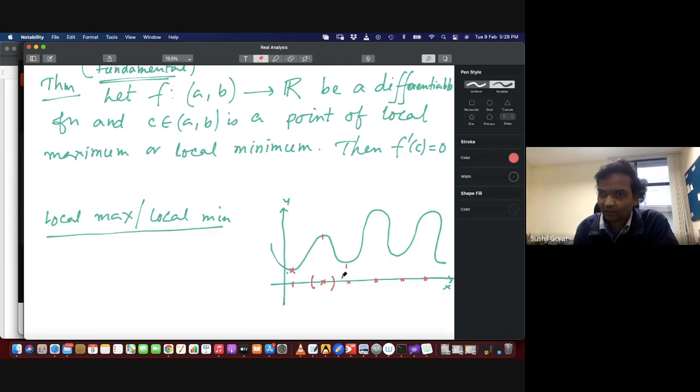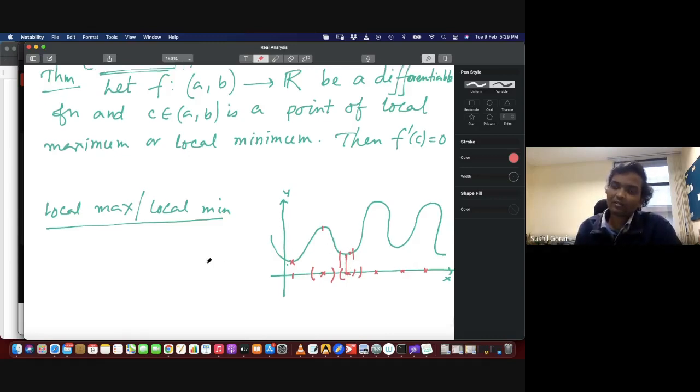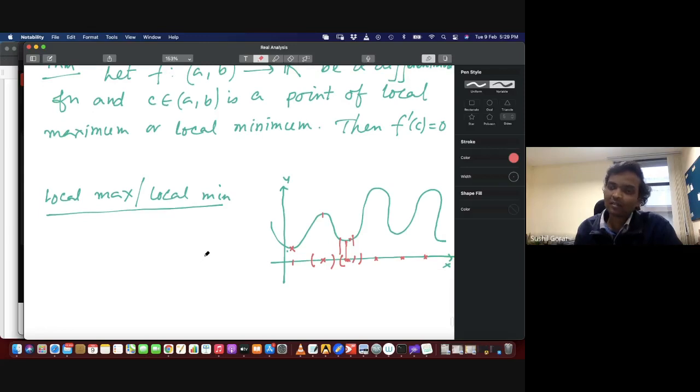But if you restrict the function to a small interval, then this point is the minimum. So this is a local minimum. Local max or local min means restricted to a small interval and looking at the minimum or maximum.